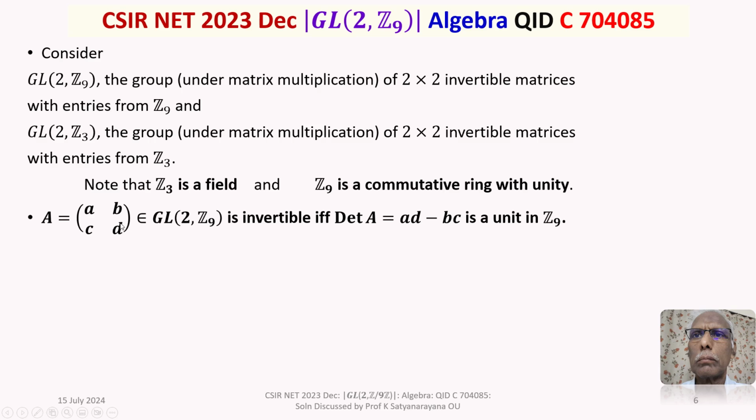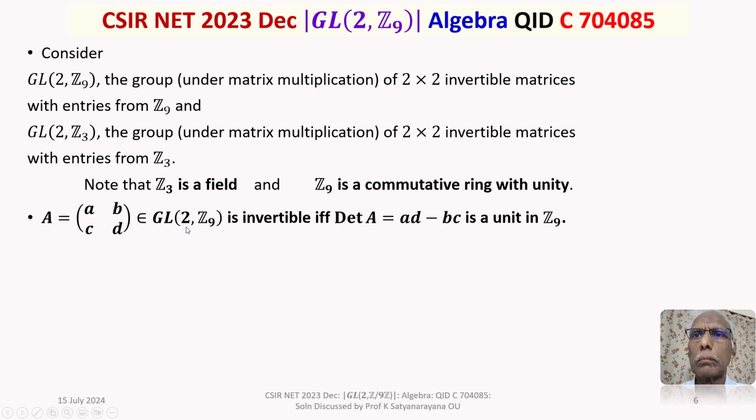But suppose you take 3003. Normally people think 3003 is invertible. It is not invertible. Why? Because its determinant is 3 times 3, which is 9, and 9 modulo 9 is 0. And its inverse does not exist.